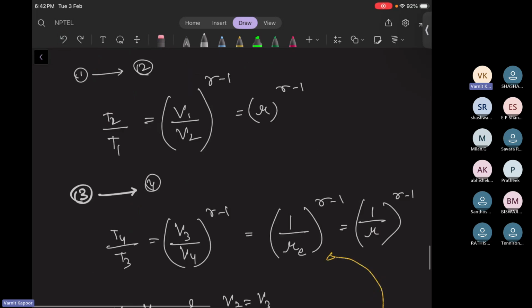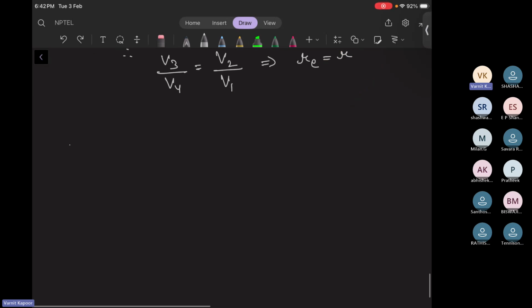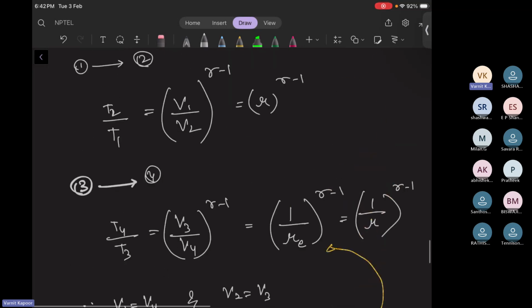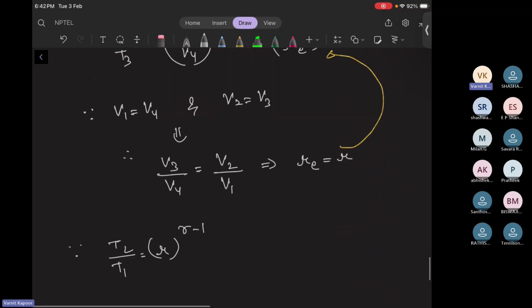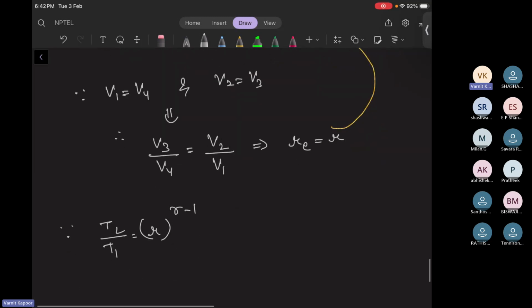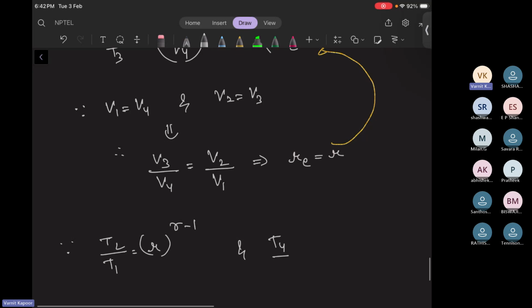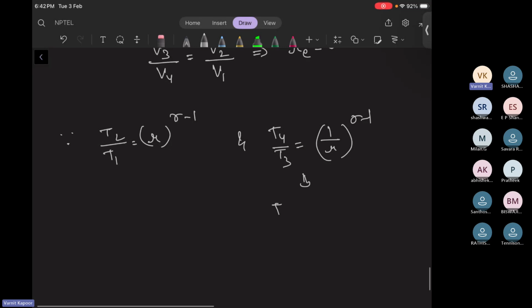Since we know that T2 by T1 is R to the power of gamma minus 1, and T4 by T3 is 1 by R to the power of gamma minus 1. Can we write like this?